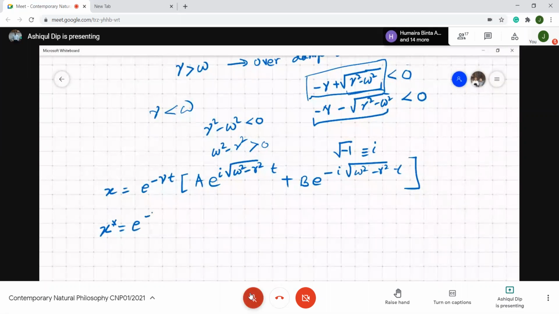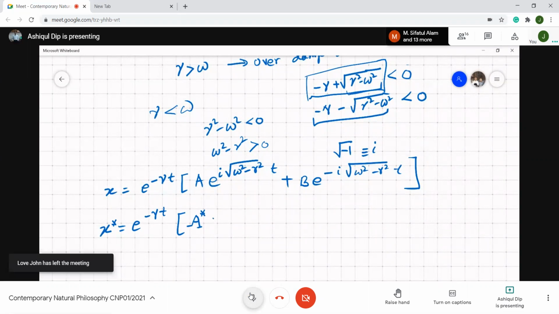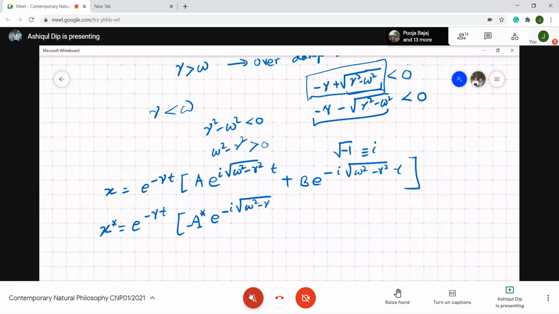You get e to the power negative gamma t, then you get a star, because a could in principle be complex. A star e to the power negative i square root of omega square minus gamma square into t plus b star e to the power i square root of omega square minus gamma square into t. And as x is real, this has to be equal to x.